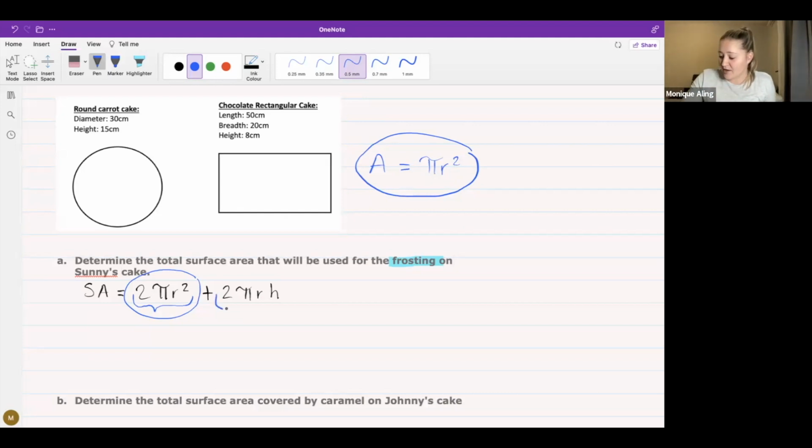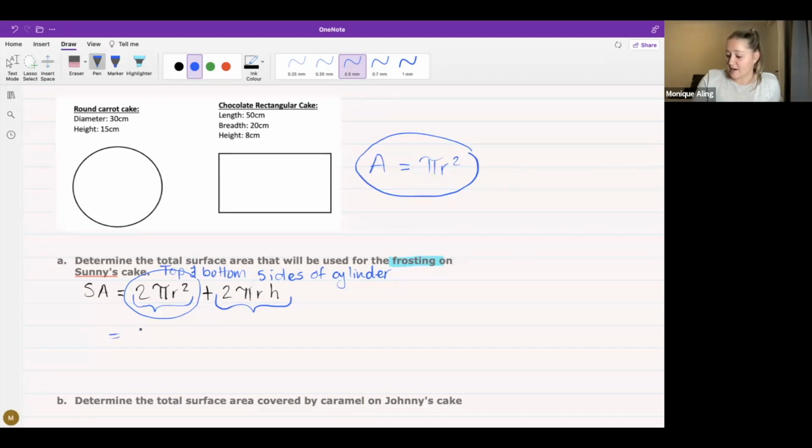And then this part of the formula works out the sides of the cylinder. So this is the side of the cylinder. And this part of the formula works out the top and the bottom of the cylinder. So I'm just going to adjust this formula.